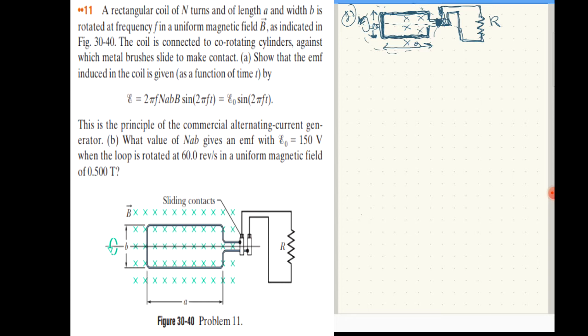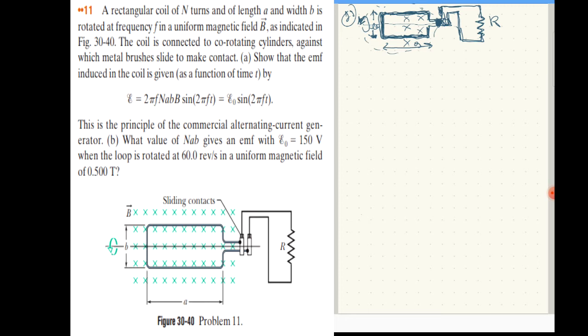It's about a coil that is inserted in a magnetic field pointing into the page, or into the video, if you're watching a video, and what we have to do is demonstrate the form of the electromotive force.